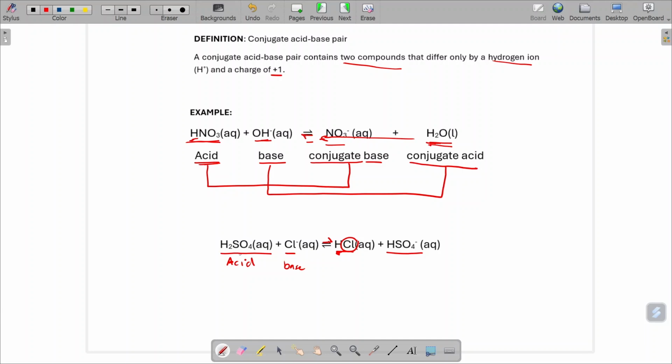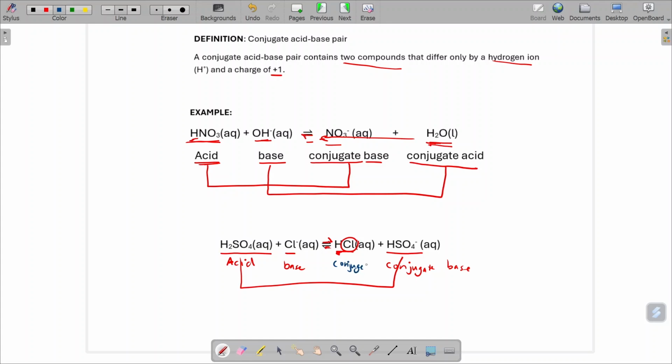So, if the H2SO4 is the acid, then the HSO4 minus will be the conjugate base of that acid. Because reading from right to left now, this HSO4 minus will accept a proton from the HCl to form our H2SO4. So that's the conjugate base of the H2SO4, and the HCl is the conjugate acid.